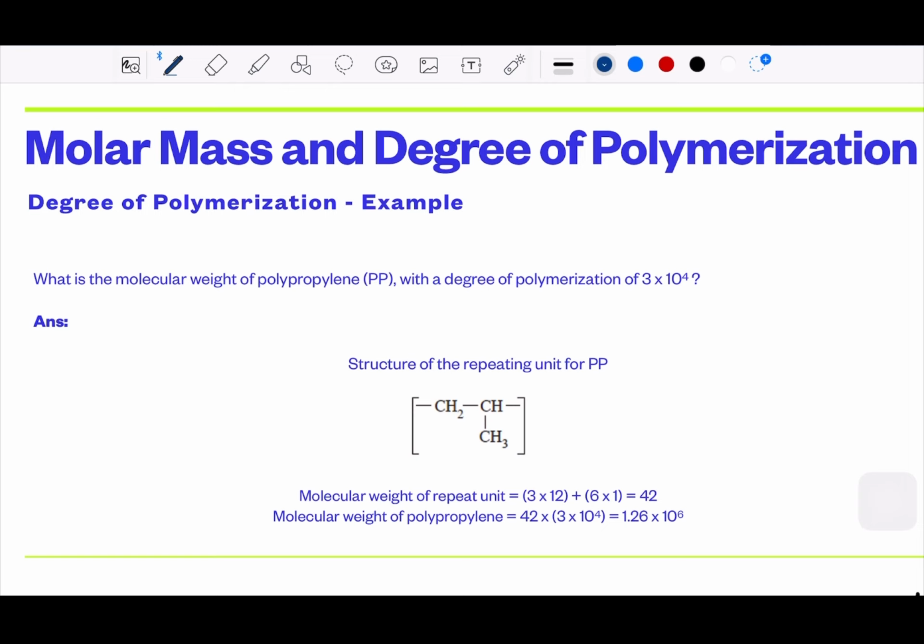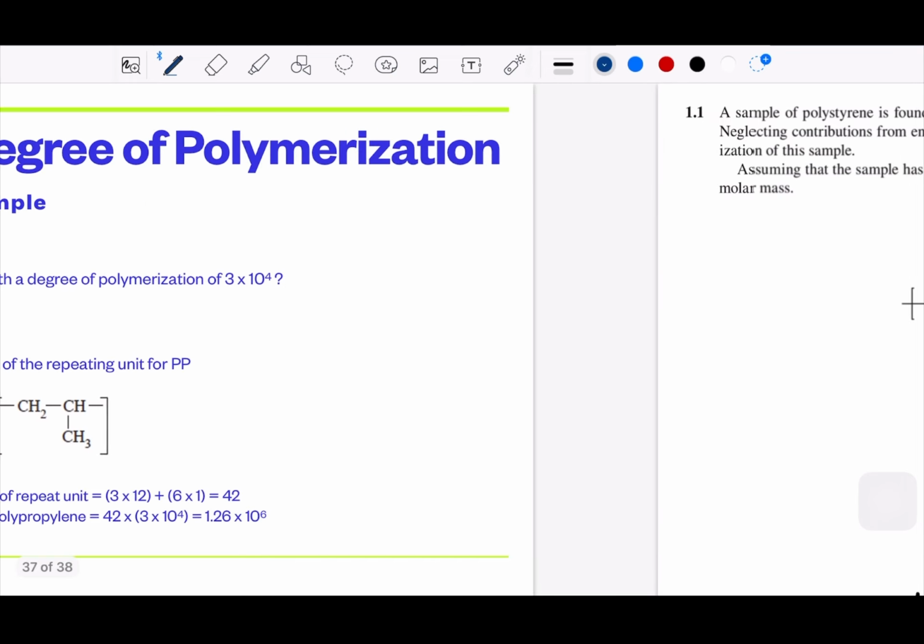I think you can imagine 3 carbons, each with relative molecular weight 12, and then 6 hydrogens, and the total is 42. So the molecular weight 42 multiplied by the degree of polymerization will be the molecular weight of the polypropylene. I think it's very simple.